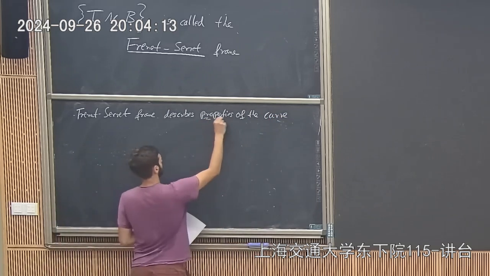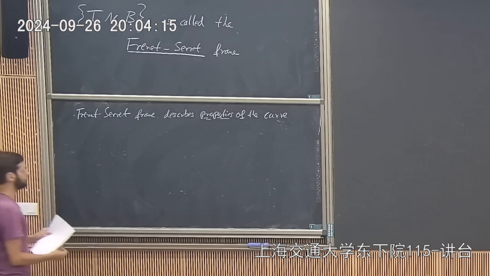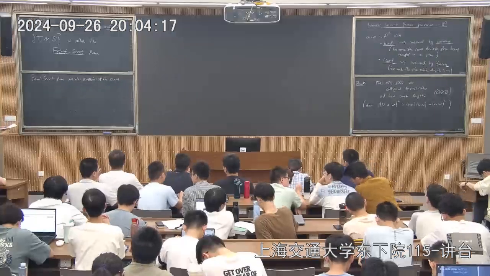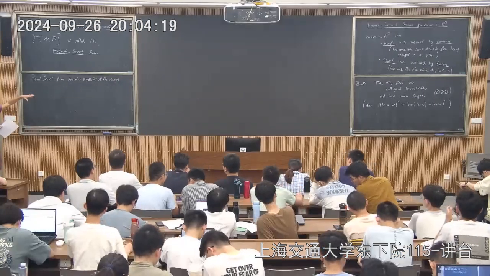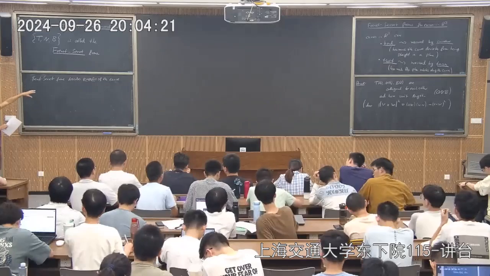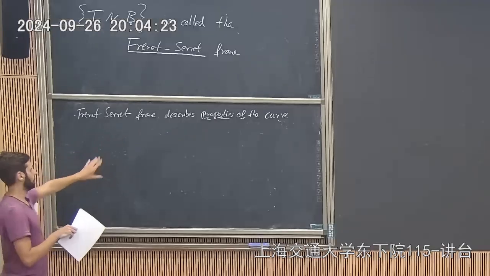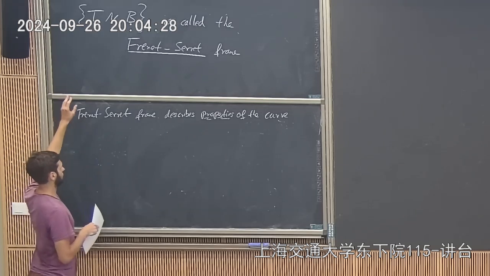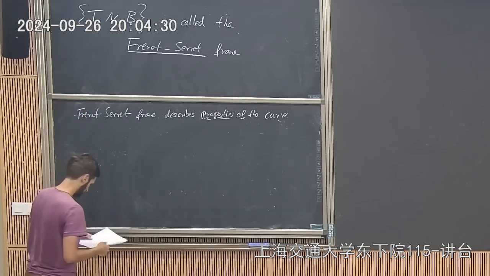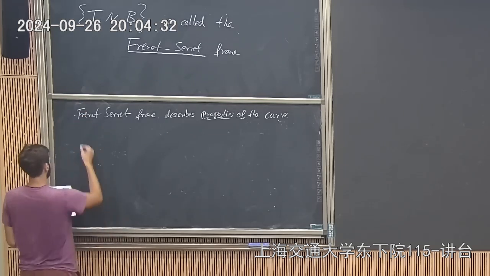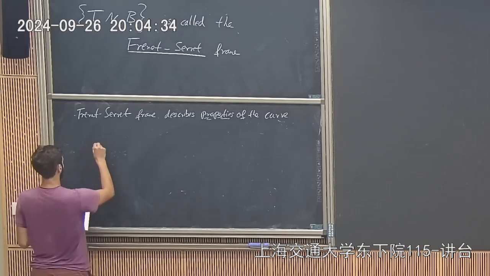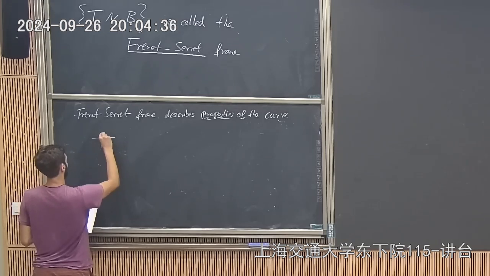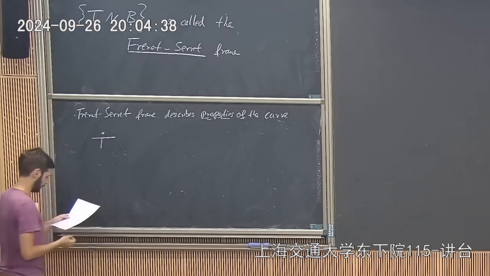The important observation here is that certain properties are encoded in this frame, and we have seen that already, as the curvature is related essentially to T and N. So in particular, we can just calculate the time derivatives of all of the data that we have.